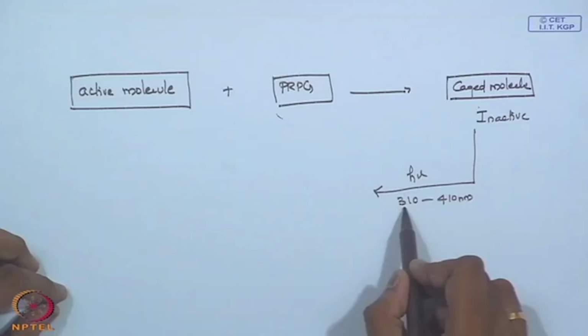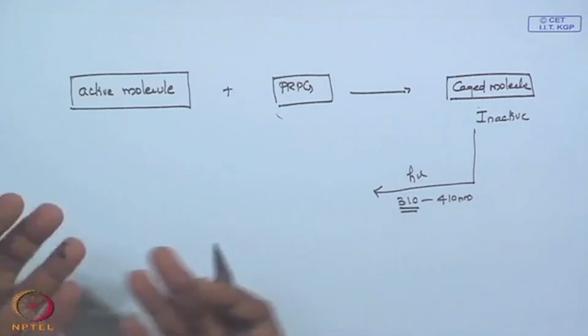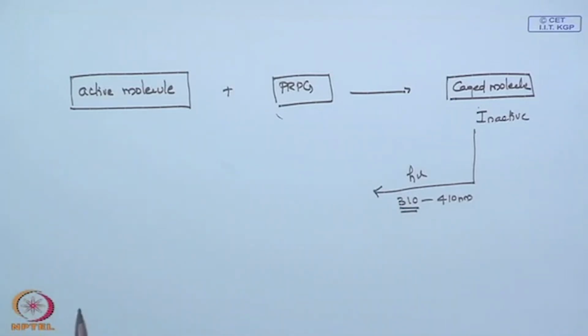You cannot use 310 everywhere. If your active molecule is for agrochemistry, then it is fine, you are not worried about the wavelength. But if it is an active compound like an anti-cancer drug that you want to use in your body, then you are worried about your wavelength, right. 310 is not safe, because that itself will create cancer.